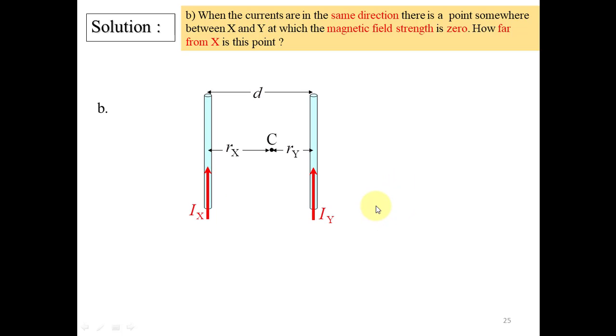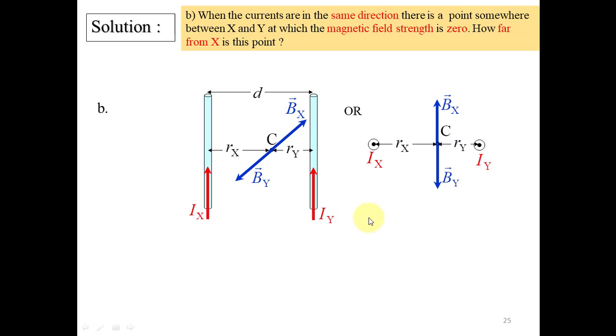Next, we have to determine the point where the magnetic field is 0, when the currents are in the same direction. We redraw the diagram like we did before.